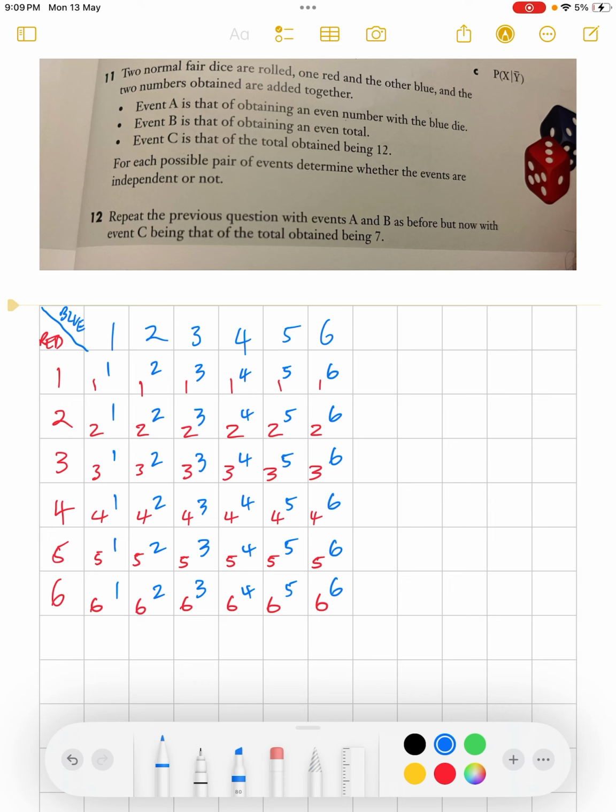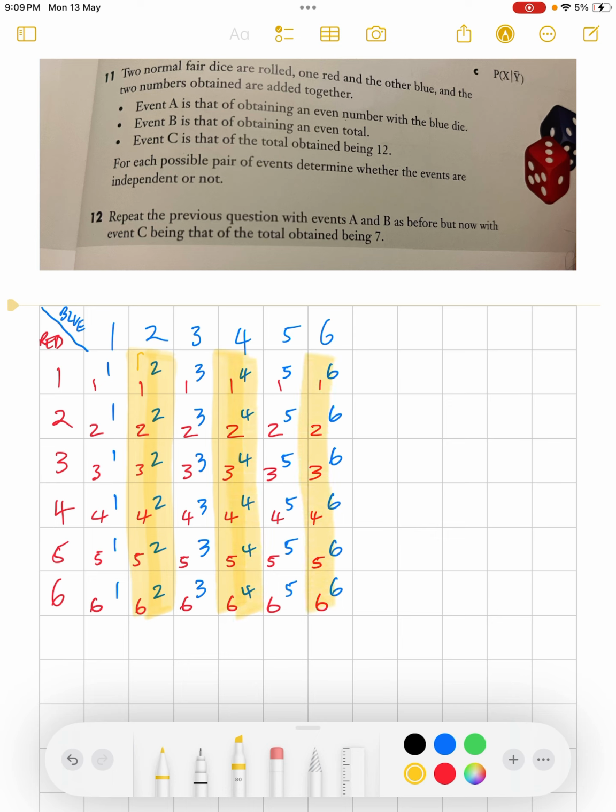So this is not an even total, this is an even number with a blue dice, meaning the blue dice could be a 2, a 4, or a 6.